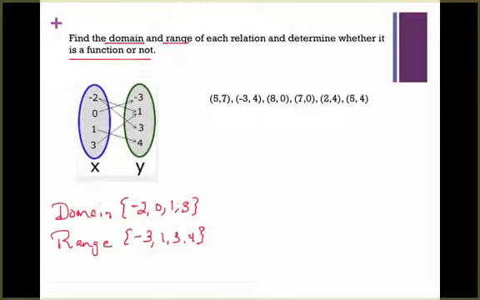Now notice that I did put those in numerical order. That's normally the way we would write that. Now to determine whether it's a function or not, every element in our domain needs to be paired with exactly one element of our range. So if you look at our very first number in our domain, that actually has been paired with two separate values in our range, so we would say that is not a function.